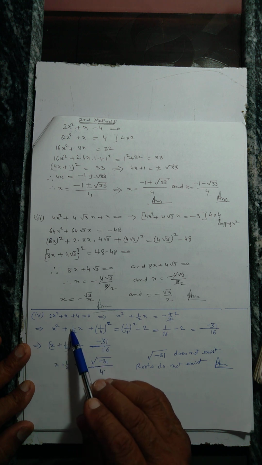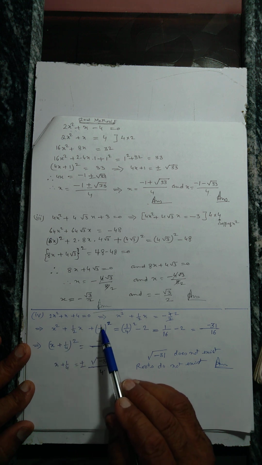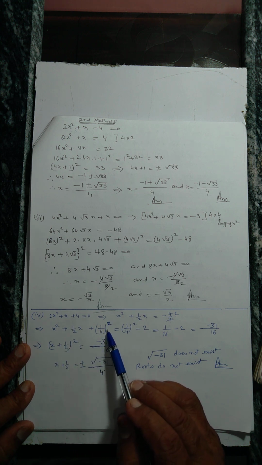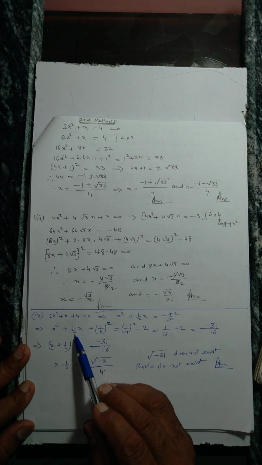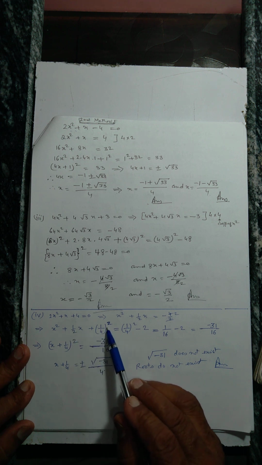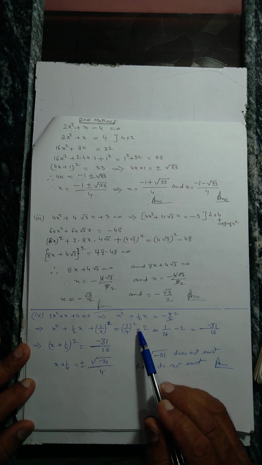So x square plus 1 by 2x plus 1 by 4 whole square, I have added both sides. 1 by 4 means the square of half of the coefficient of x. Means 1 by 2 divided by 2, that will be equal to 1 by 4. So make the square of it and add it both sides.